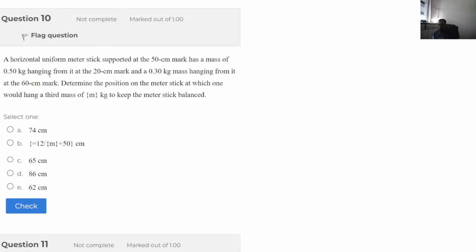A horizontal uniform metric stick supported at 50 centimeter has a mass of 0.5 kilogram hanging from its 20 centimeter mark. Okay, I'm going to use red. At the 20 centimeter mark, let me call it this side, 20 centimeter, has a mass hanging on it of 0.3.